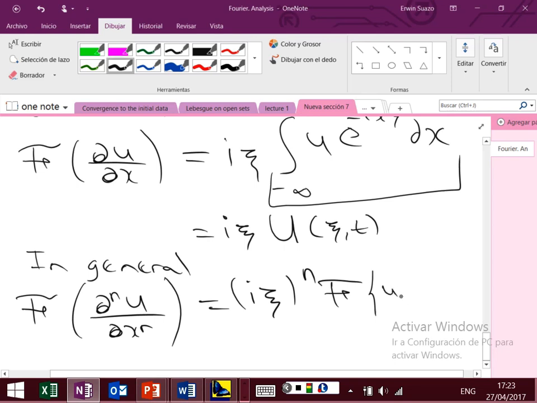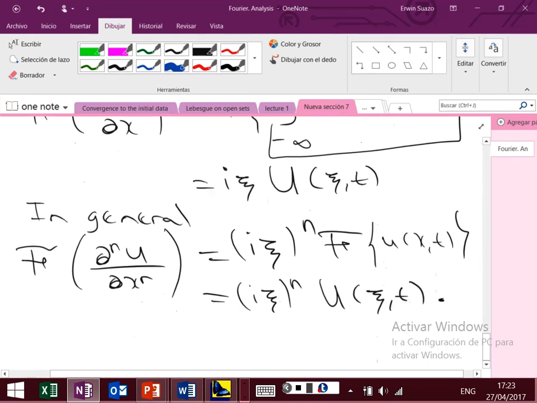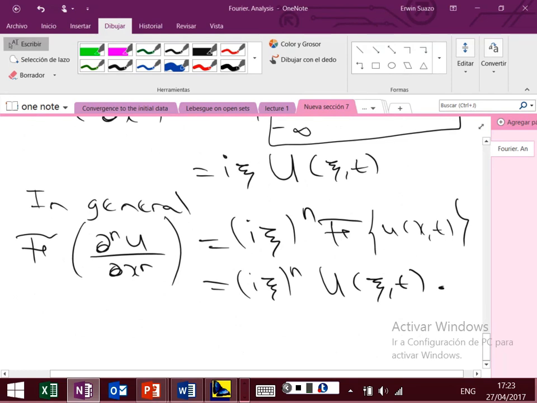So this is amazing, because what the Fourier transform is doing is killing your second derivative, or any kind of derivative with respect to x.